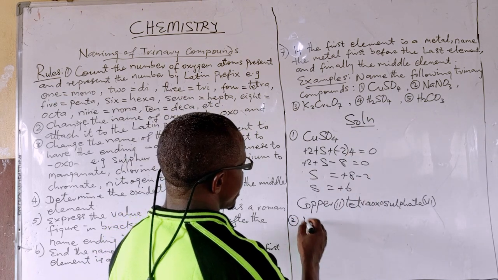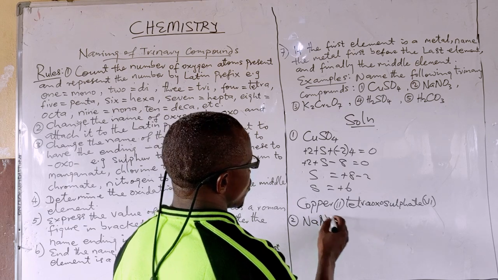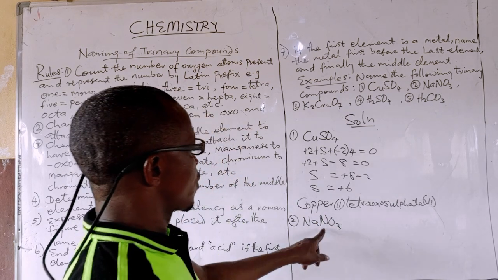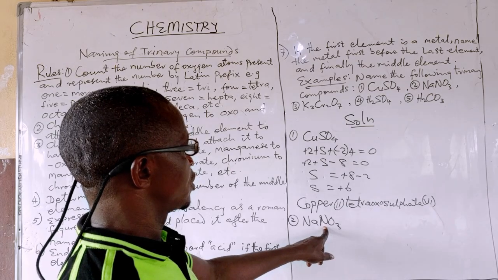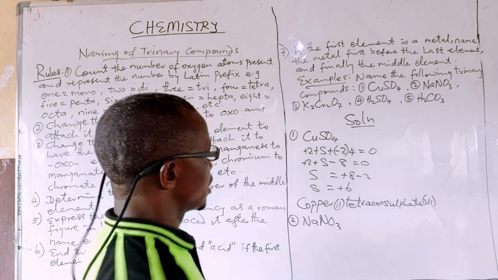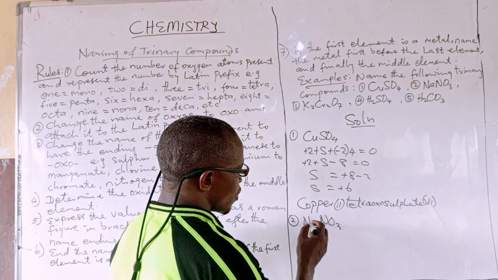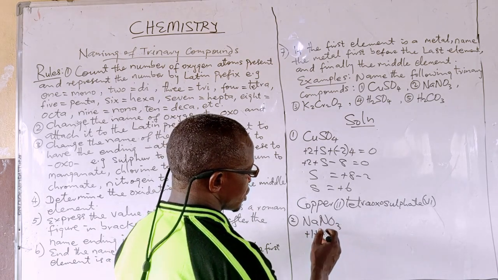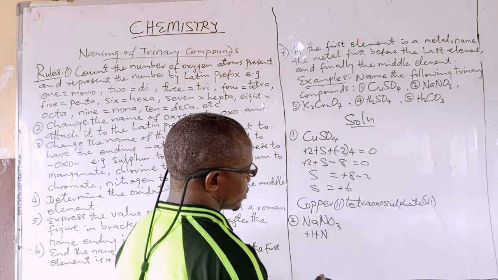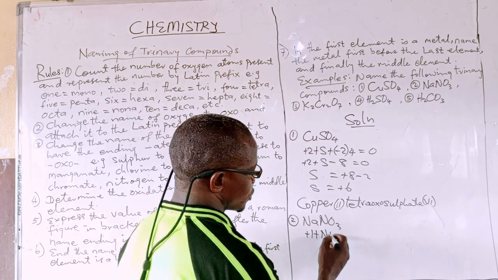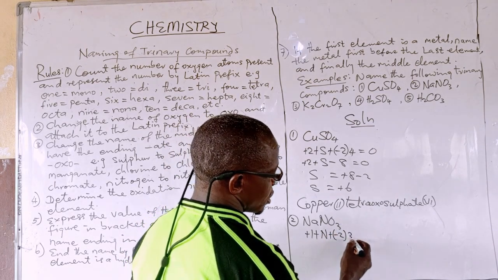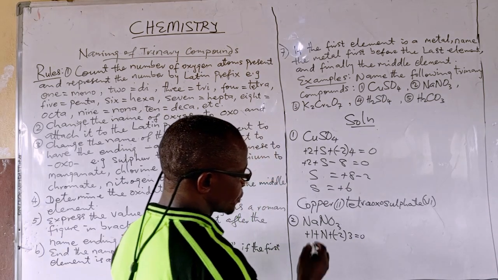Where you have NaNO3. So let's solve for N, the oxidation number of N. Now that of Na is plus 1 at all times, plus N, nitrogen, plus minus 2 times 3, equate it to 0.